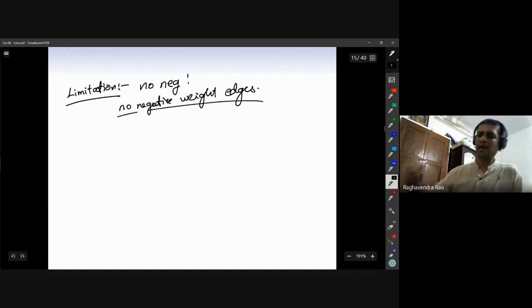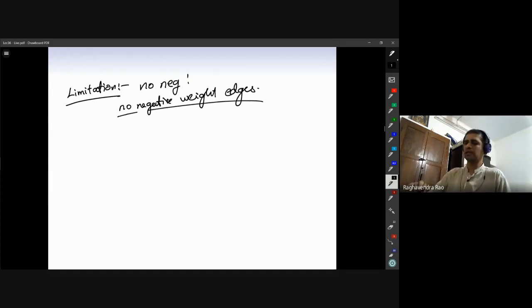This can be a handicap in many applications. While assuming that there is no negative weight cycle is kind of fair, no negative weight edge may not be fair in many applications. There could be applications that would require that.